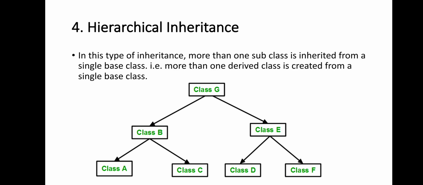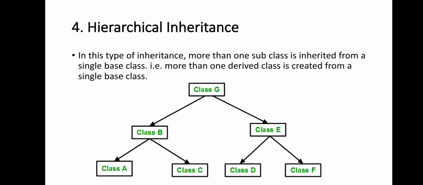Fourth one is hierarchical inheritance. In this type of inheritance, more than one derived class can be created from a single base class.